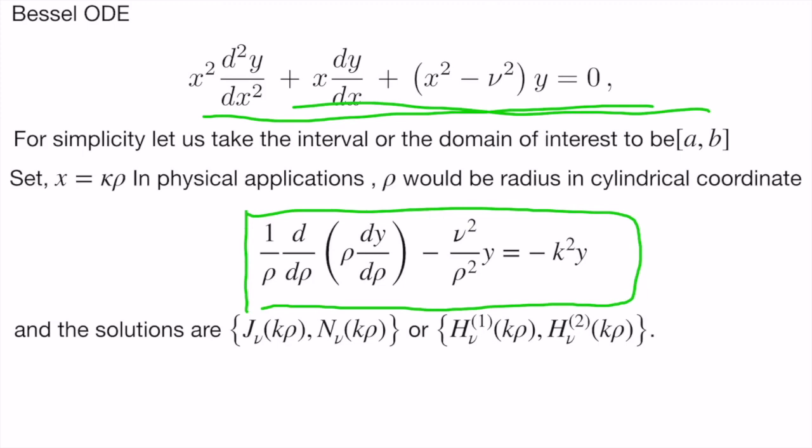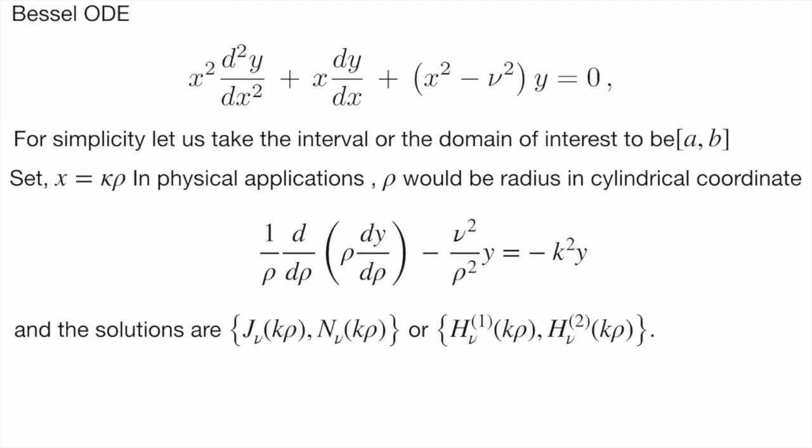Those are chosen based on the physical problem, depending on the boundary condition or the region you want to handle. For example, if 0 is in the domain, then we can't use the Neumann function, so we have to use only the Bessel function, and we have a similar problem with the Hankel function too.